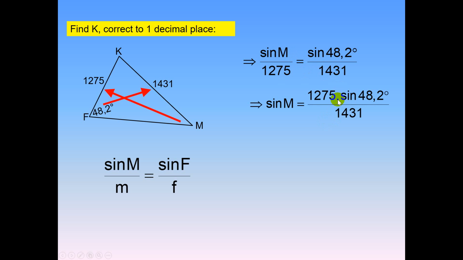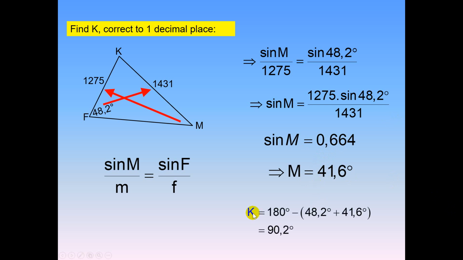Using our calculator to find the right hand side, we have sine M is equal to 0.664. We're now going to use the calculator, using shift sine 0.664, we end up with angle M to be 41.6. From here, we can go on to find angle K using sum of angles of a triangle, 180 minus, and that'll give us 90.2.